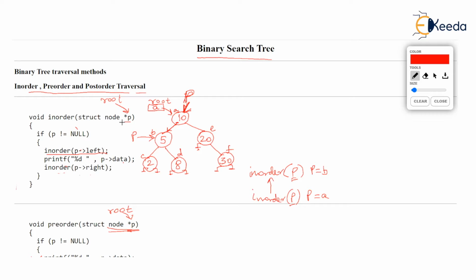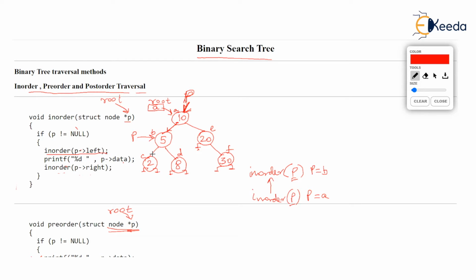Okay, let's start with in-order P with P at B. If you start the function, P is not null again, because P is pointing to B, that is 5. So come inside the if and call in-order recursively. Now what are we passing to in-order? P arrow left. Now observe, we are talking about P at B, P arrow left.